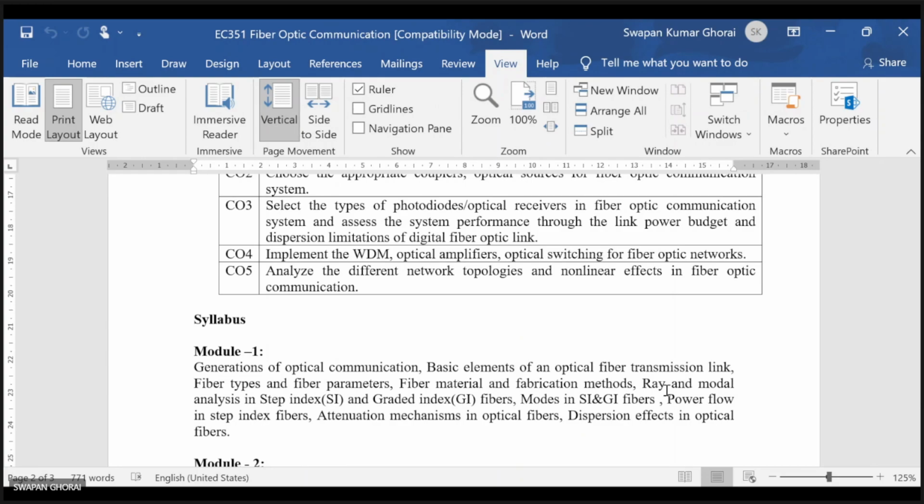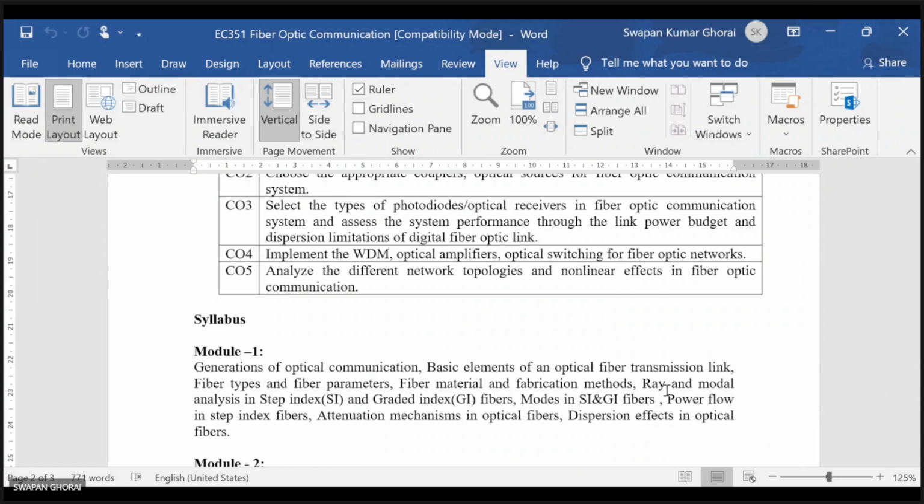In that case, you can use ray optics. For multimode fiber, the dimension is quite large. In that context, we can consider lambda as zero. But with respect to the dimension of single mode fiber, lambda cannot be considered as zero. That we will see.